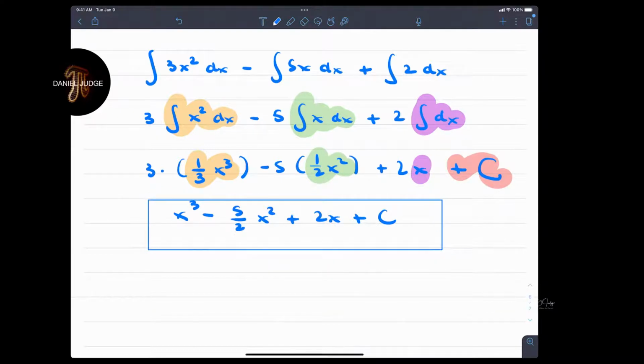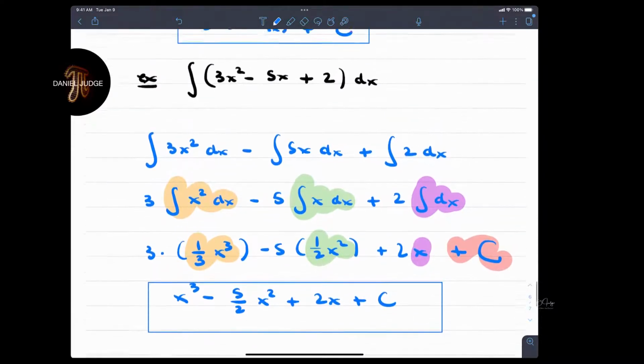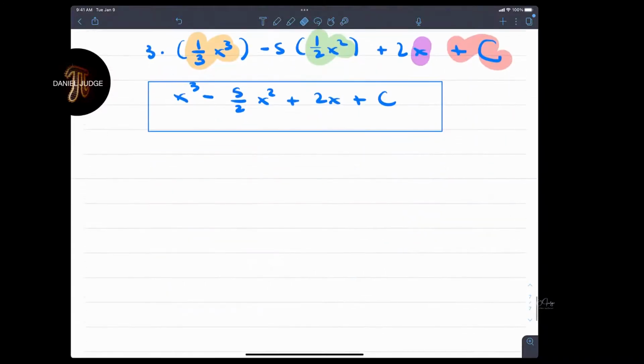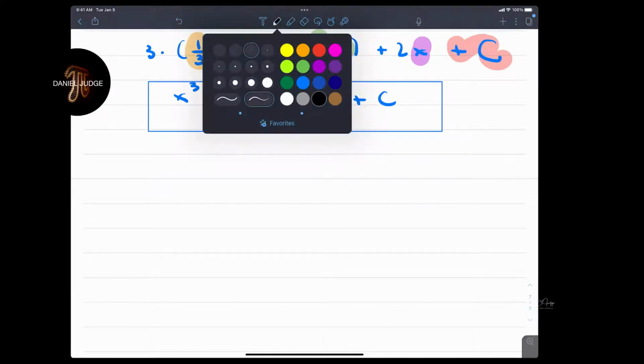And you're done. There we go. We're doing some nice integration here. Give you a lot of examples here.